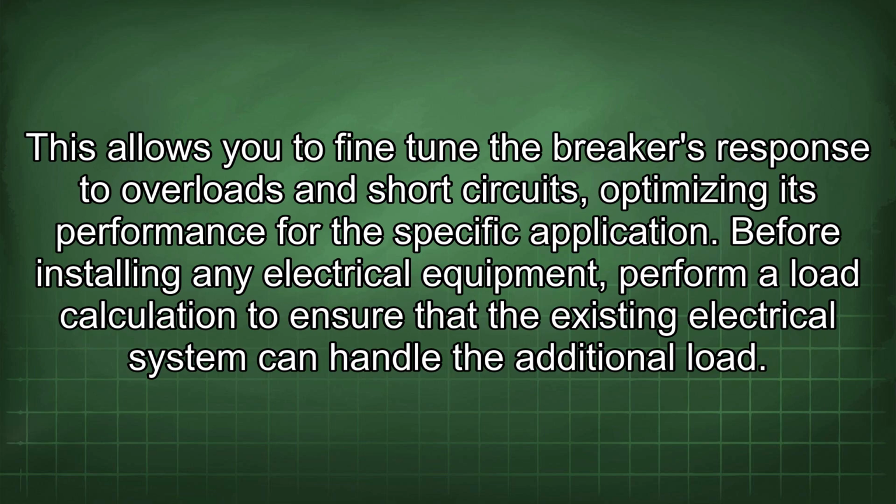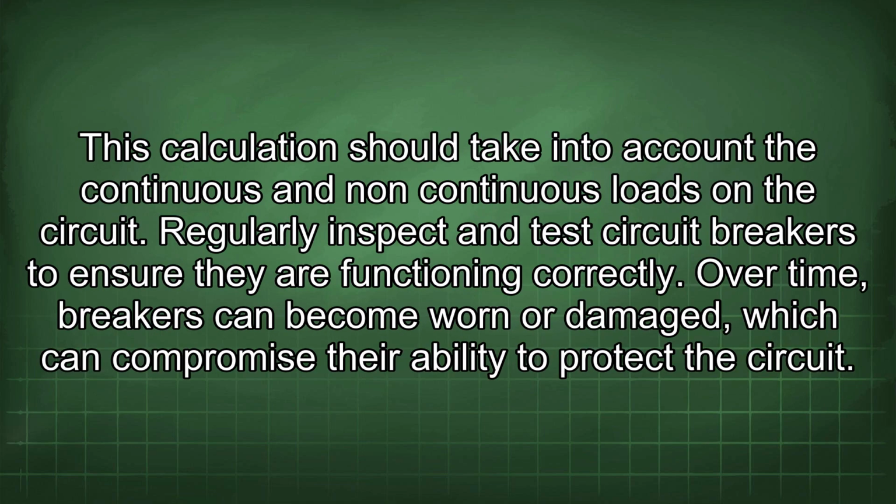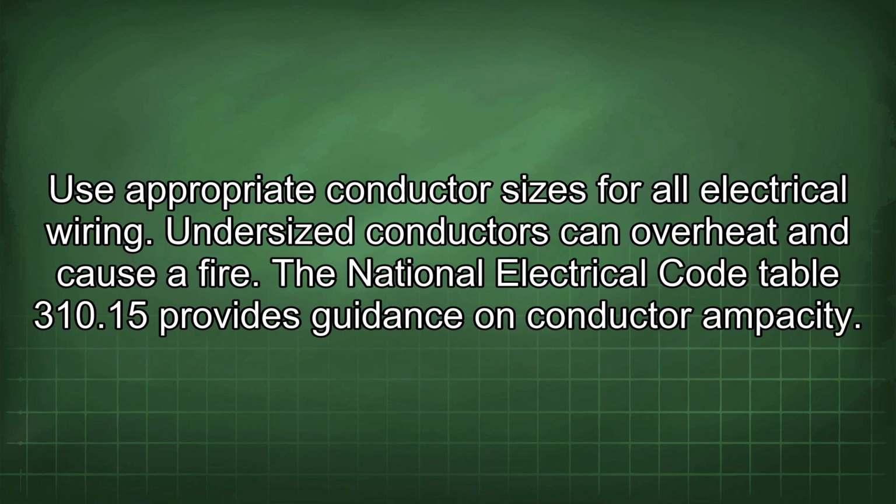Before installing any electrical equipment, perform a load calculation to ensure that the existing electrical system can handle the additional load. This calculation should take into account the continuous and non-continuous loads on the circuit. Regularly inspect and test circuit breakers to ensure they are functioning correctly. Over time, breakers can become worn or damaged, which can compromise their ability to protect the circuit. Use appropriate conductor sizes for all electrical wiring. Undersized conductors can overheat and cause a fire.